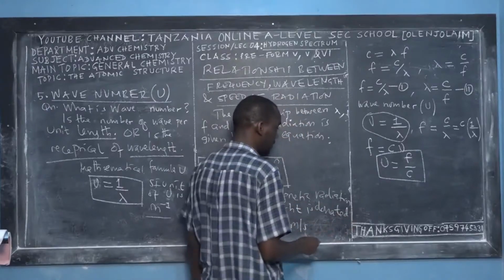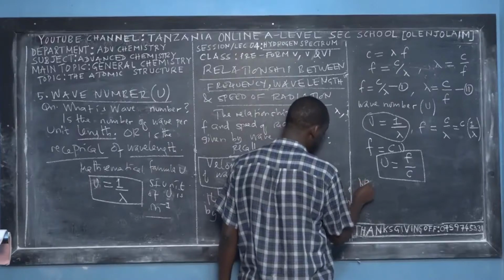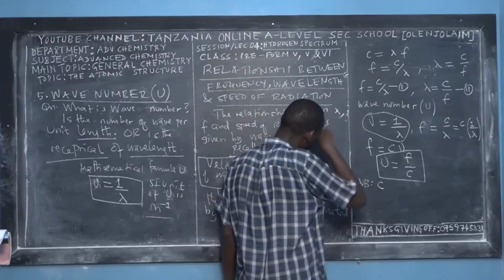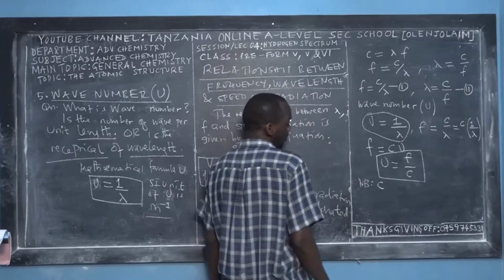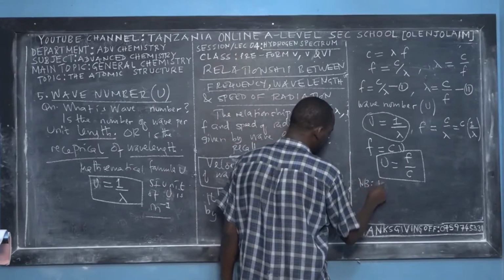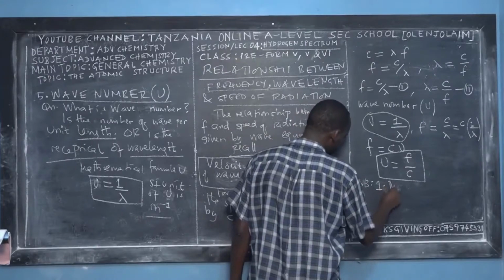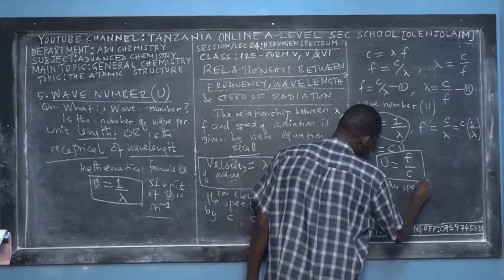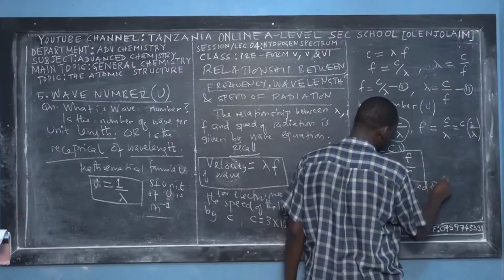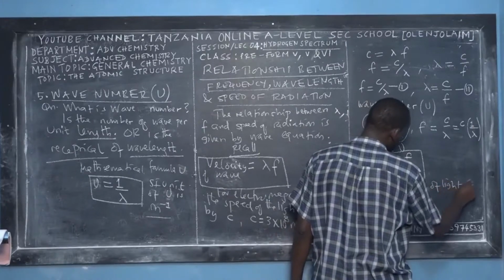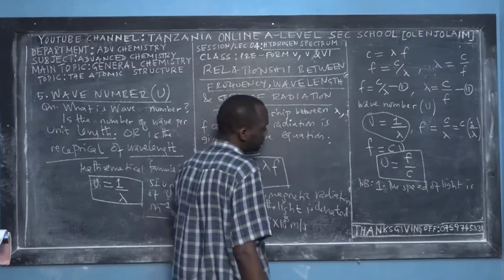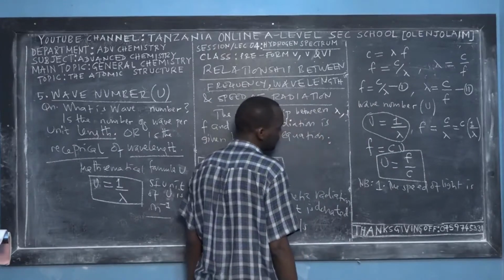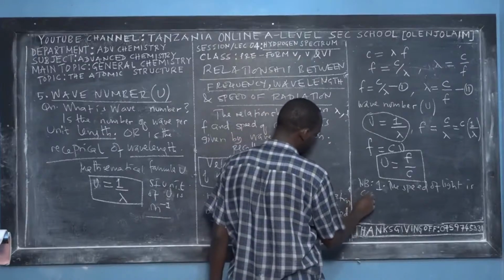So remember that here, C means the speed of the light. The speed of the light is constant.